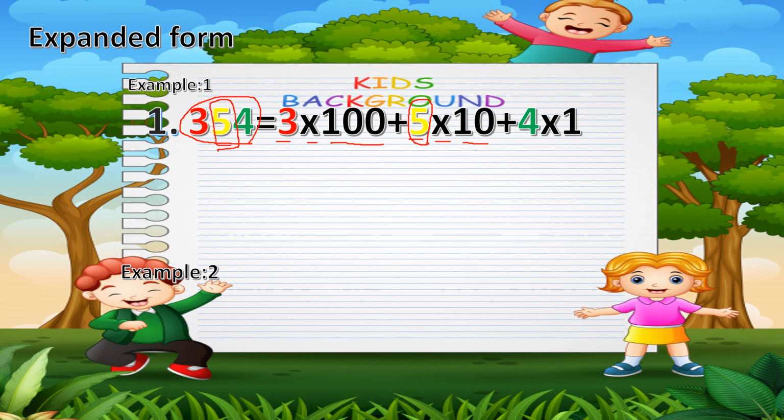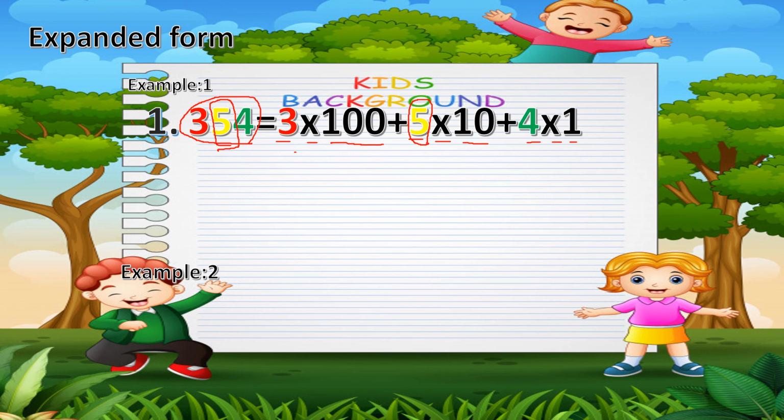Okay, now plus 4 times 1, because 4 is in the ones place. Okay, so we read it: 3 times 100 equals 300, plus 5 times 10 equals 50, plus 4 times 1 equals 4.